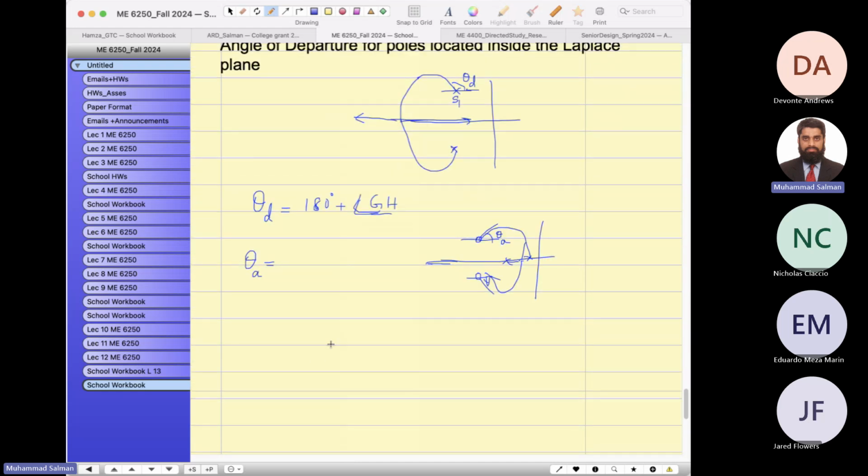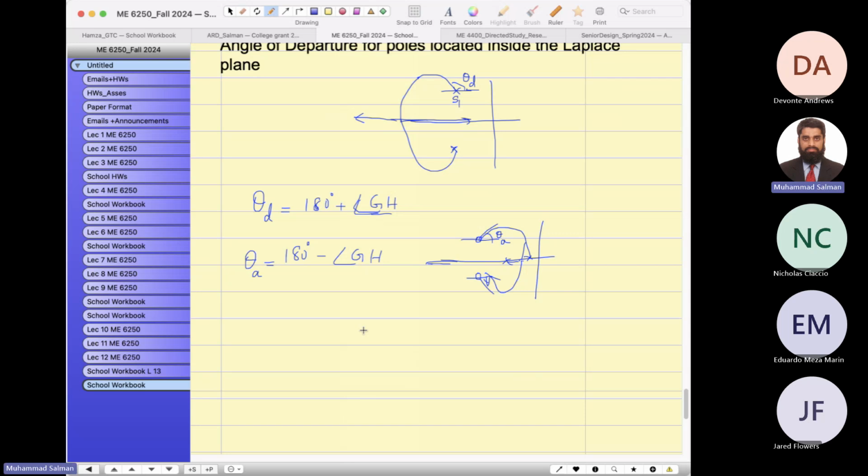Somehow my MATLAB is difficult to open, but let me write down the formula for the angle of arrival: 180 degrees minus the angle of GH. So you can now find the root locus in this case.